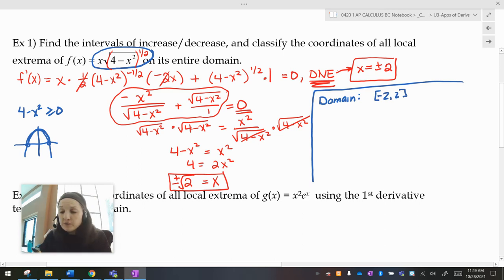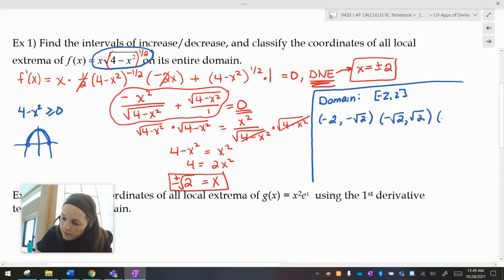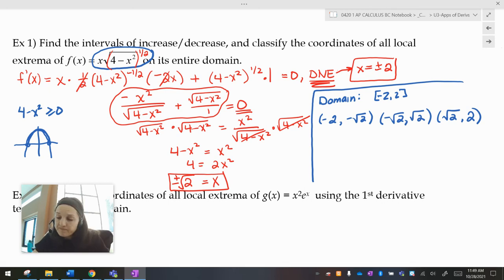So when I go to write my intervals of increase and decrease, I'm going to start and end at -2 and 2. So my intervals are going to go from -2 to negative root 2, negative root 2 to root 2, and root 2 to 2. 1, 2, 3, 4. Yeah, that looks good. Okay. Now I need to decide whether my derivative is positive or negative on those intervals.